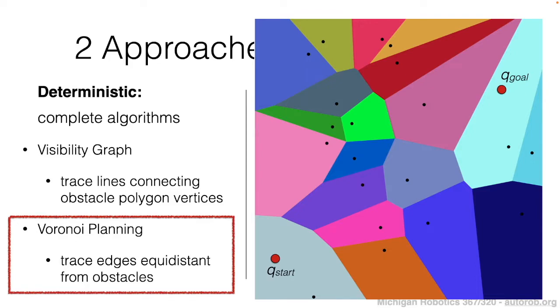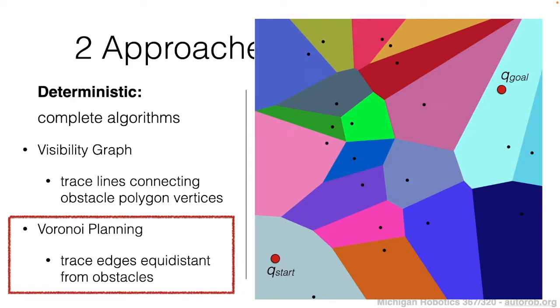So each of the black points drawn within this diagram on the right-hand side would be representing an obstacle within the world. And so based on that obstacle, the Voronoi diagram then represents regions of the space that are essentially closest to that specific obstacle, such that then the boundaries between these regions of space could be used to form a roadmap.